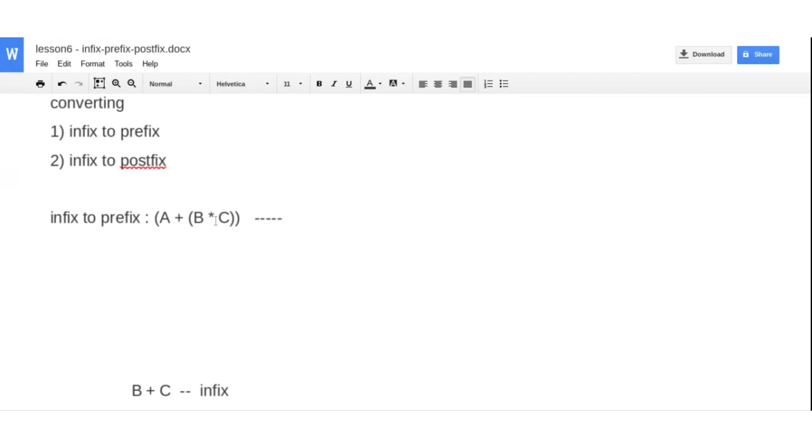Now we can write the operands as they are. The operands do not change. The way it is written, A B C, they will still remain A B C even after the operation has been done.